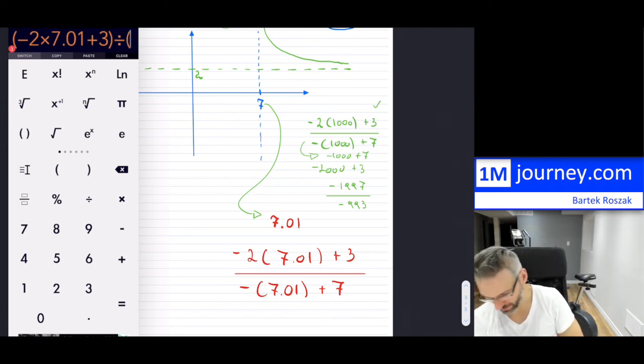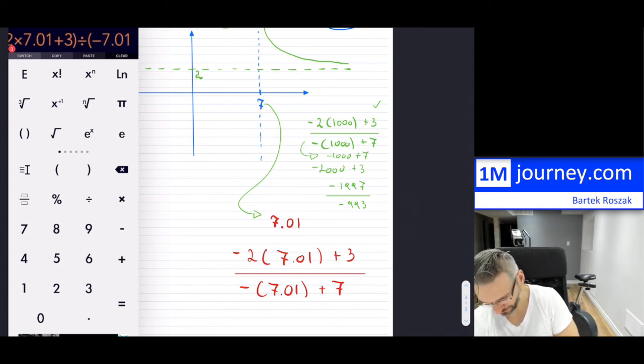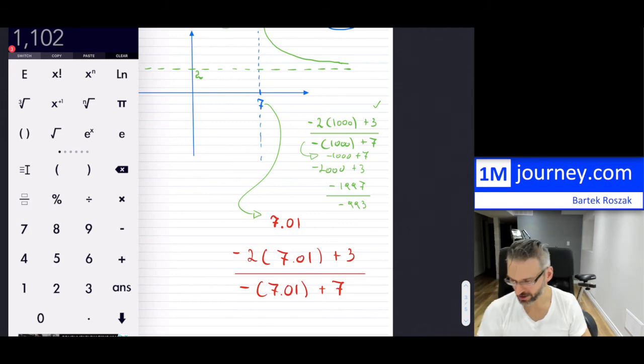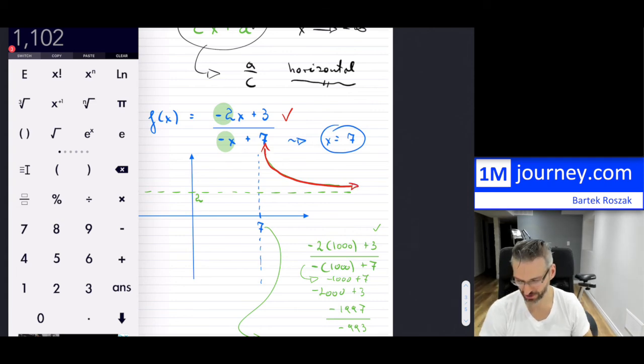Then that's divided by, putting it all in brackets, the denominator: negative 7.01 plus the 7. Notice that it's a very large positive number. So indeed, it looks like it is going upwards there, and then it comes down in here. So it's going to be something like this.